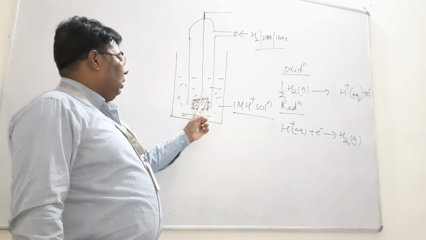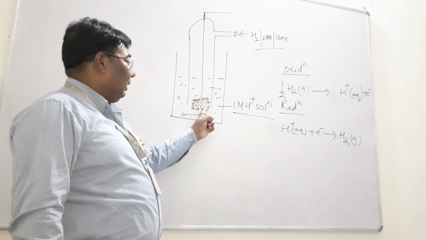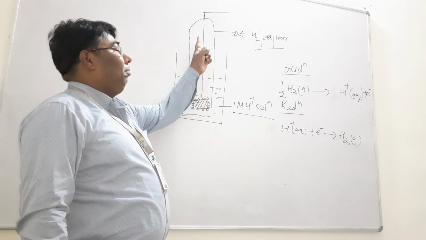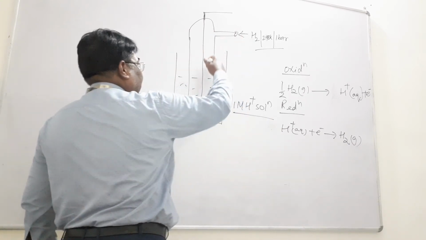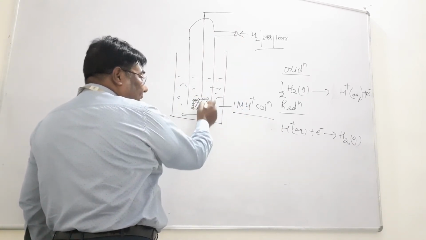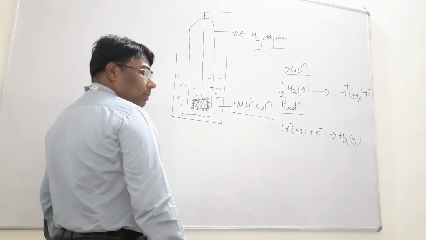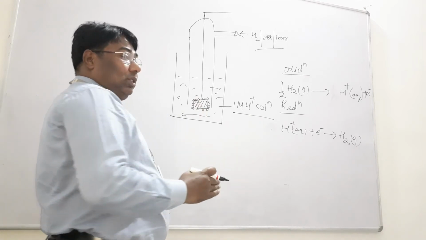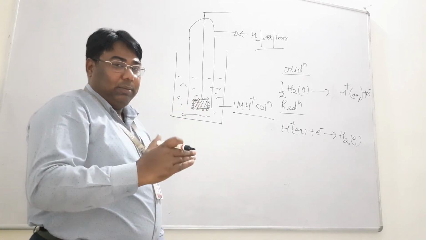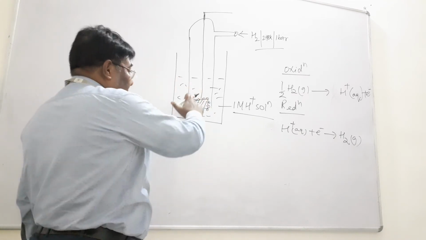Inside the hood, a platinum block coated with platinum black is suspended with the help of platinum wire, and hydrogen gas passes through the inlet of the hood. This hydrogen gas is adsorbed over the platinum block. Understand? Because hydrogen is a gas, a direct electrode is not possible, so it is produced by these means.